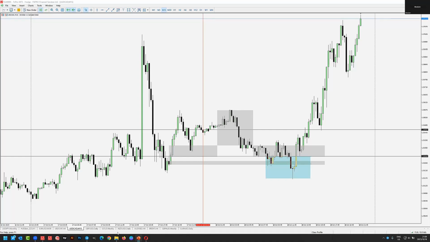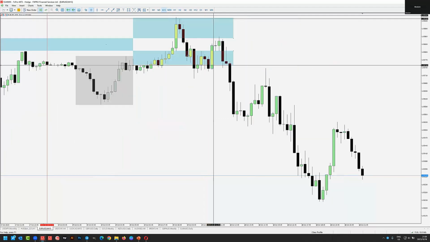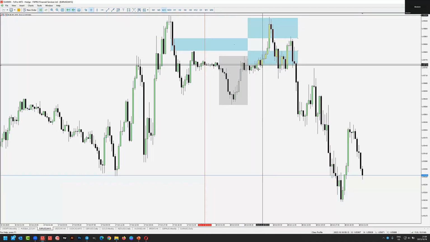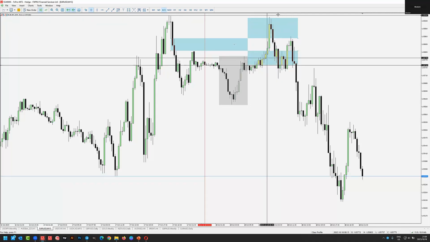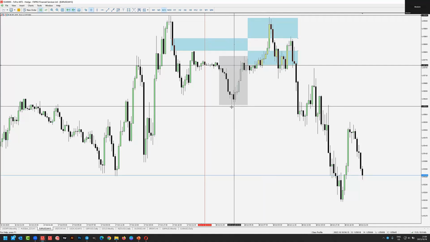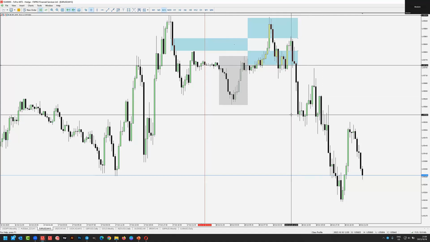Same applies on Euro USD. The moment we go to a 15-minute time frame, when market started going up here, a lot of people would have been buying, the less informed people, putting their stop losses down there.